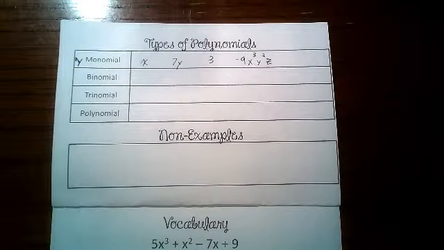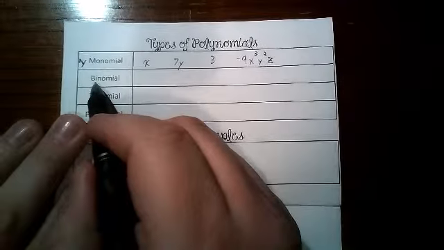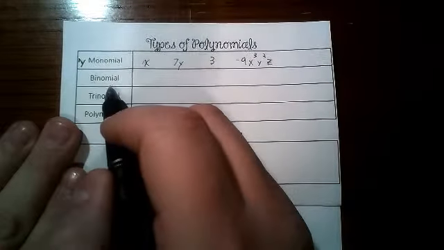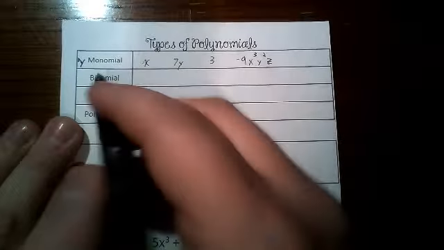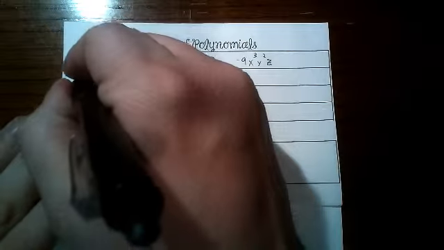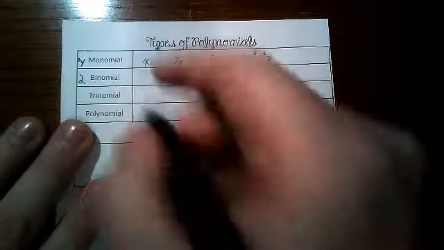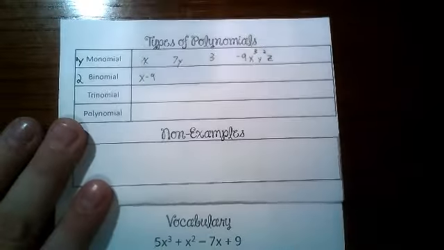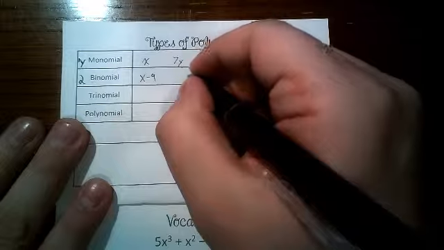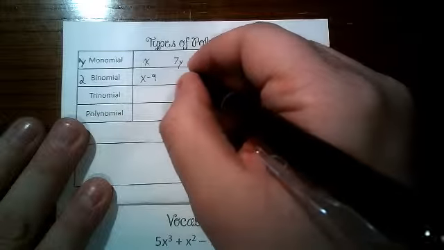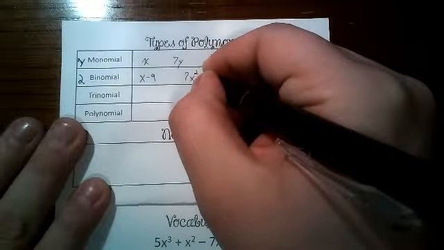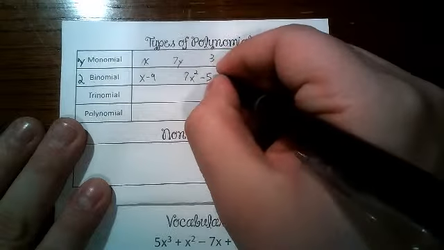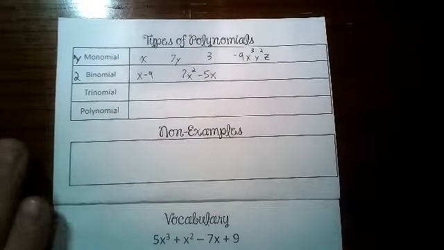Now binomials, the word bi means 2. So binomial means 2 terms. Examples of binomials could be something like x minus 9. Could have something a little more complex like 7x squared minus 5x. Those are called binomials.